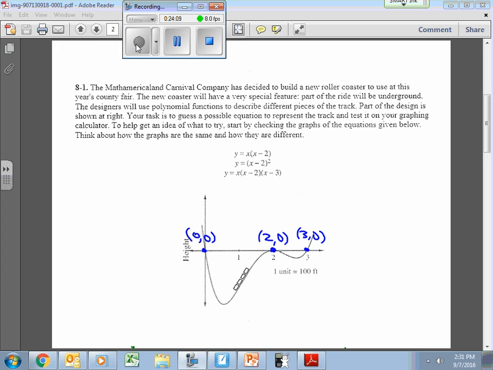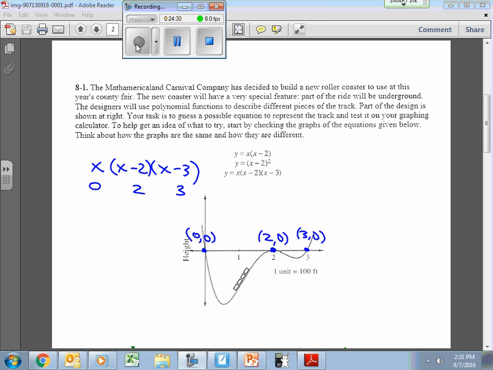So it turns out, if I did my 3 roots, 0, 0 always comes from an x. The 2 comes from a -2. And the 3 comes from a -3.